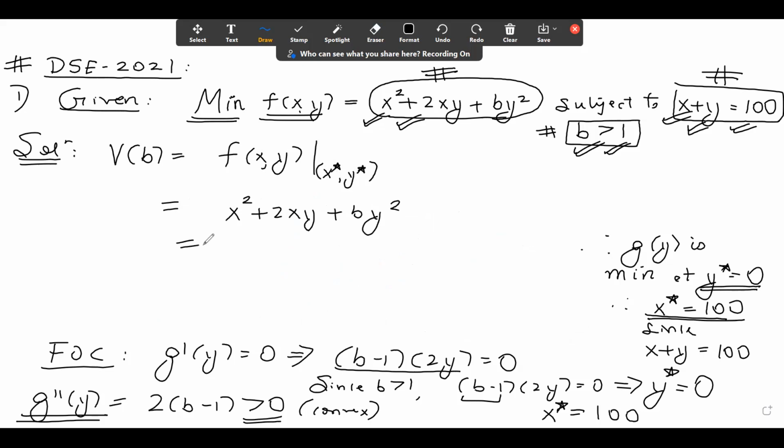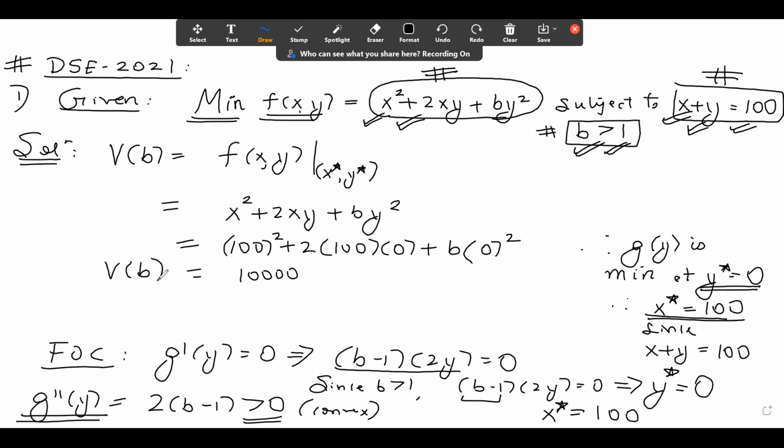I put the optimum values of x and y. x is 100, so 100 square plus 2 times 100 times y, which is 0, plus b times 0 square. So this is going to be 10,000. So my v of b is 10,000.